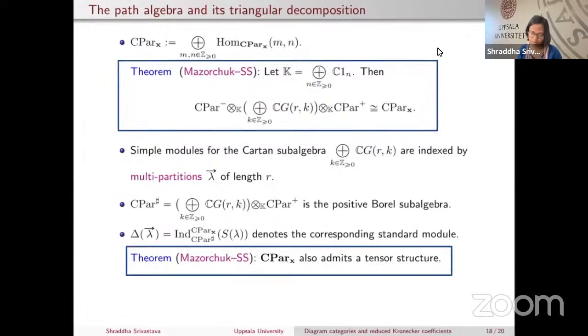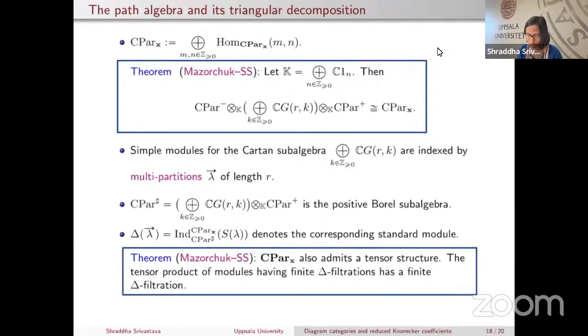And then as in the case of the partition algebra, the multi-parameter color partition category also has a tensor structure. And we proved that the tensor product of modules having a finite delta filtration has a delta filtration.